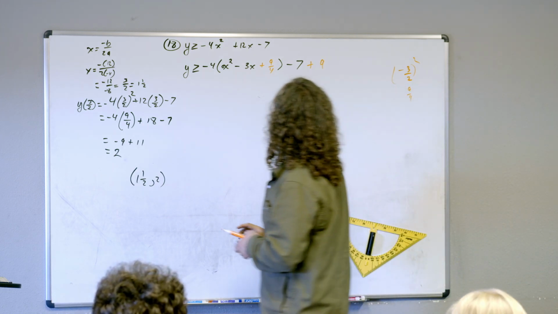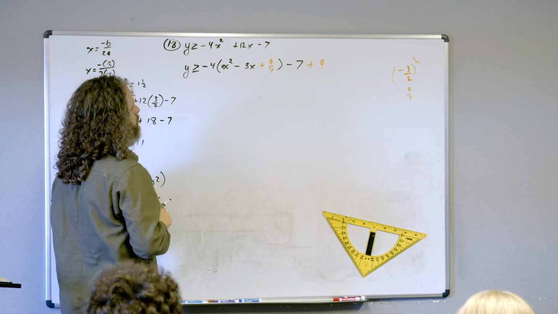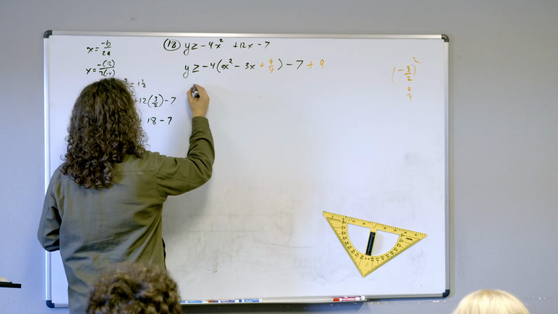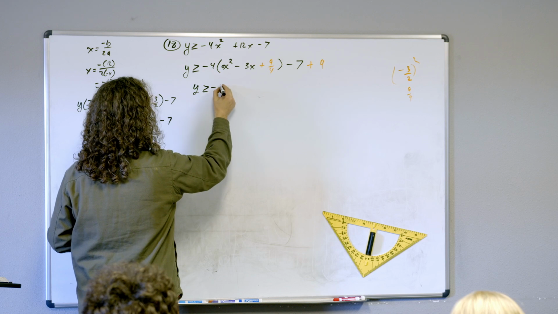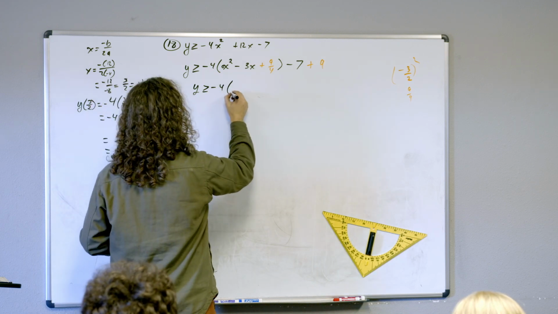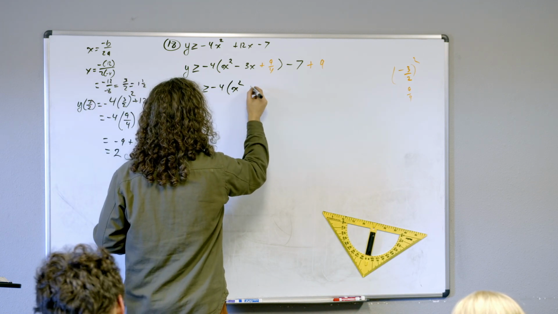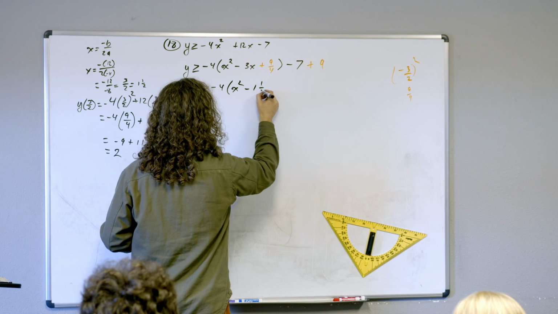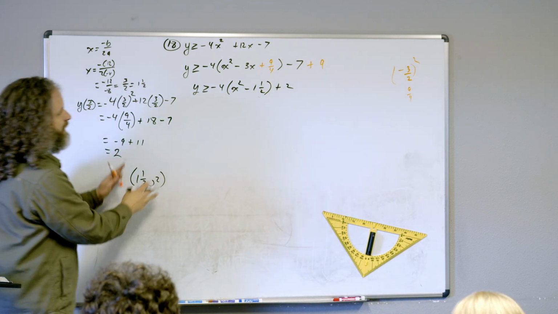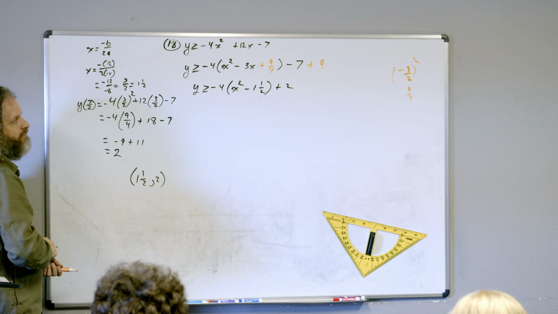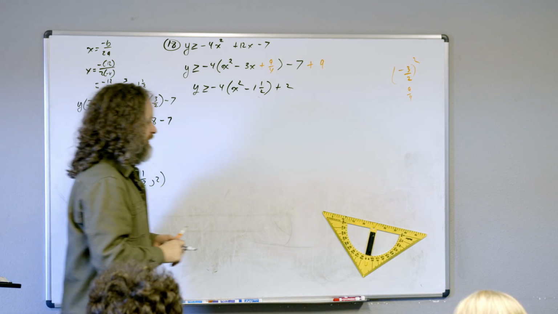Yes? So we end up with y is greater than or equal to negative 4 times x minus 1.5 squared plus 2, where 1.5, 2 is our vertex, right? So now let's graph the thing.